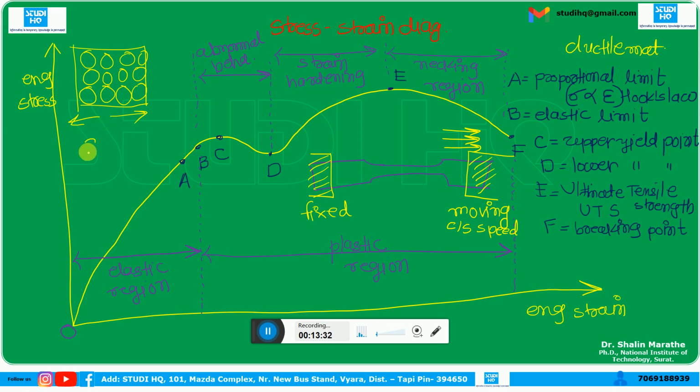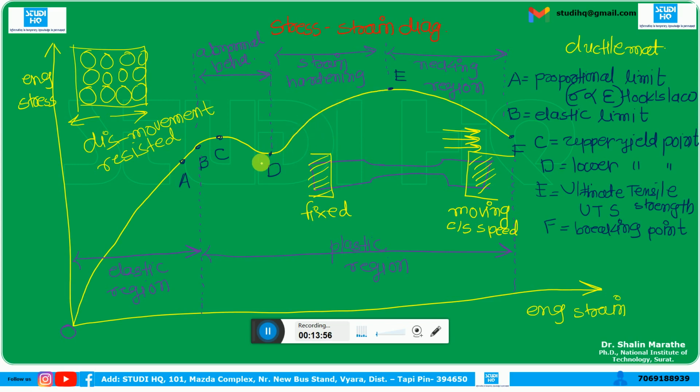The dislocation movement is resisted by its own lattices. So to deform the material, we need to apply more load.